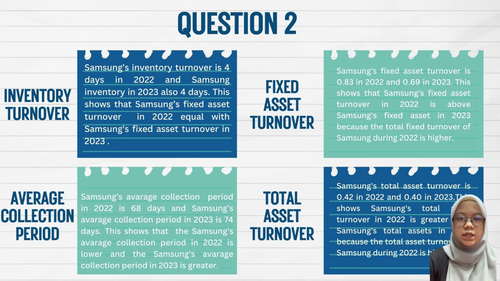And the last one is Samsung's total asset turnover, 0.42 in 2022 and 0.40 in 2023. This shows that total asset turnover in 2022 is greater than in 2023 because the total asset turnover during 2022 is higher. That's all from me. Thank you.